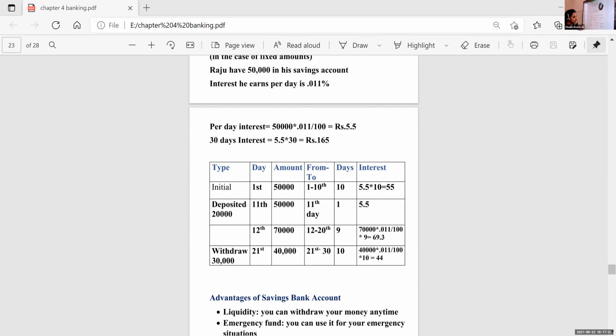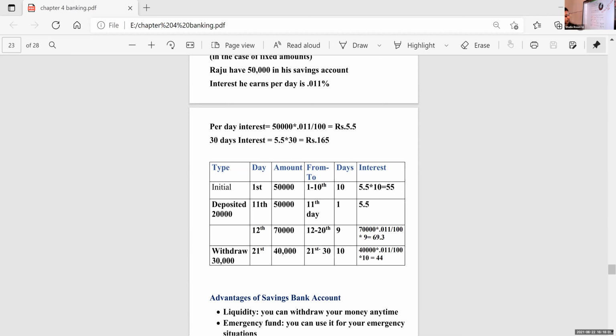So for the 10 days, there is only 50,000 in the account. I am depositing 20,000 on the 11th day. So till the 10th day, I am having 50,000 only. For one day, how much is it? 50,000 into 0.011 divided by 100. One day, my interest is 5.5.